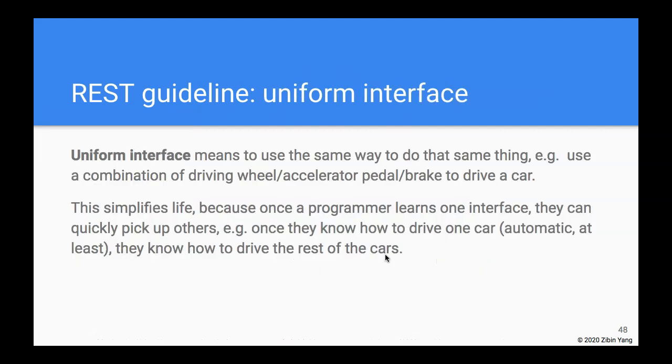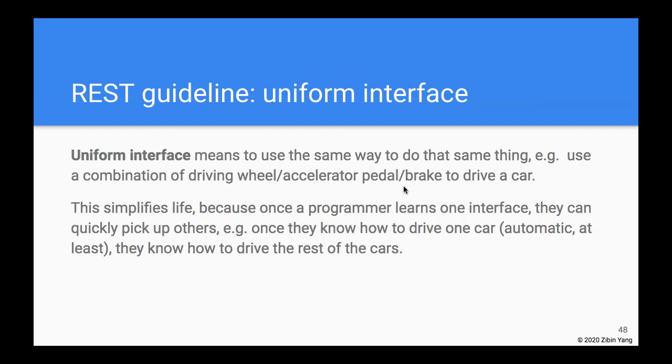Now, the final REST guideline that we want to talk about is called a uniform interface. What uniform interface means is that if we want to do the same thing, then we want to do it the same way. Okay, I think I've used this example before, but it's like driving a car.